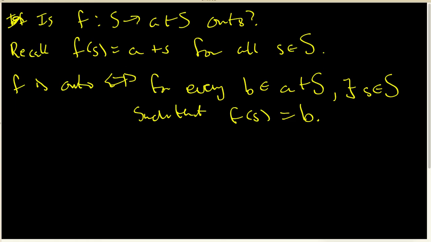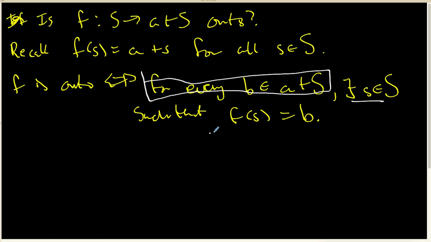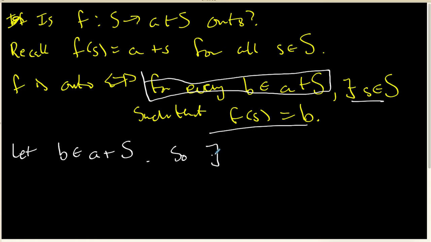Now, the basic idea of what this definition means is we have to start with this kind of an assumption, and then we're going to have to figure out what s is. So to show that f is going to be onto, we're going to let b be any element at all inside our left coset. Now what that says is there does exist somebody, I'm going to call him s3, inside capital S, with b equal to a plus s3.